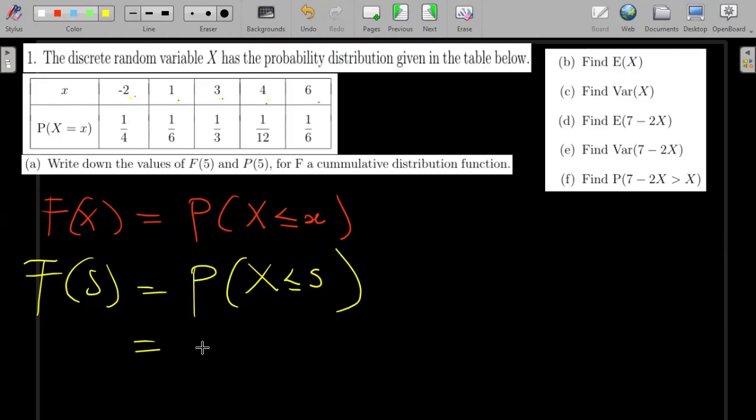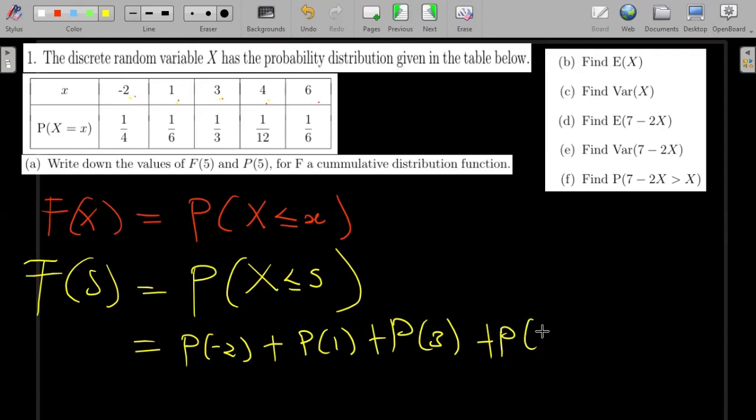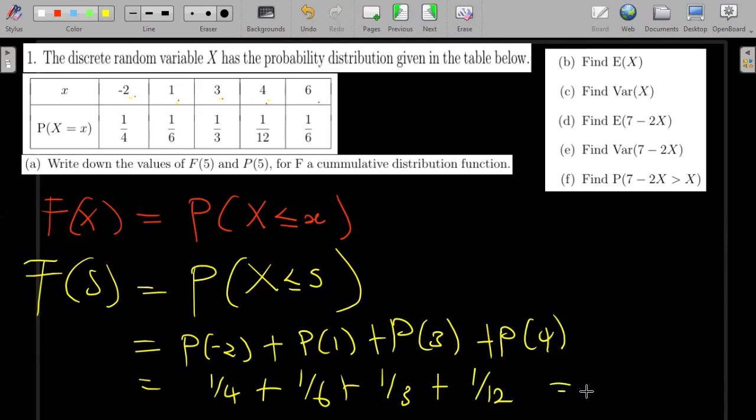So first I should write the probability of -2 plus the probability of 1 plus the probability of 3 plus the probability of 4. I end on 4 here because 6 is not less than 5. And then I add them. So the probability of -2 is 1 over 4, plus the probability of 1, 1 over 6, plus the probability of 3, 1 over 3, plus the probability of 4 is 1 over 12.